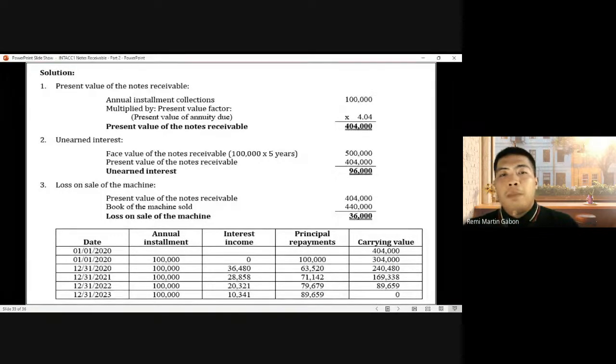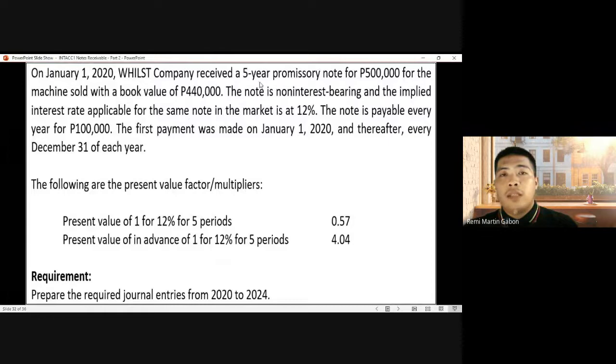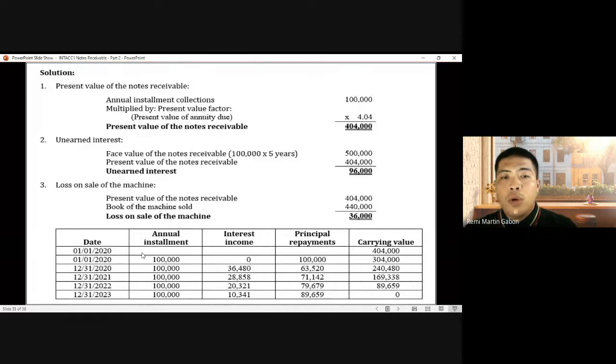Yung problem nag-provides na good for 5 years yung life ng promissory note. Initially, yung perspective natin, we're going to pay 5 times. But if we're going to analyze the amortization schedule, makikita nyo, kung ordinary annuity yan, yung last row would be information for 2024.